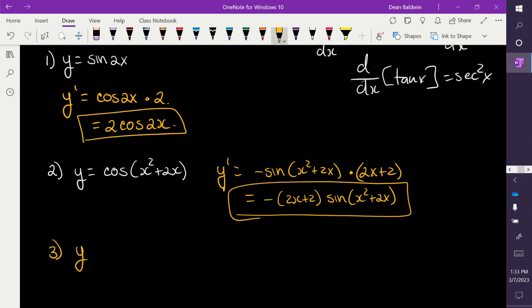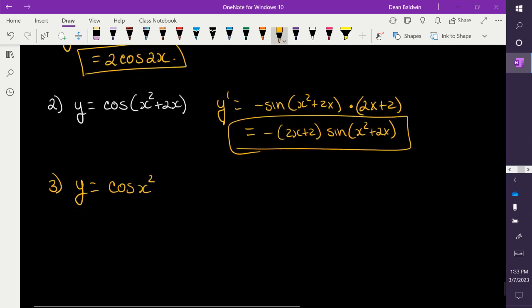Three. Cos of x squared. What's the outside function? Cos. So this is a bit of notation. If the squared is on the x, it means the x is being squared. If I wanted the cosine to be squared, you would write it like this, with the squared on the cosine, okay?